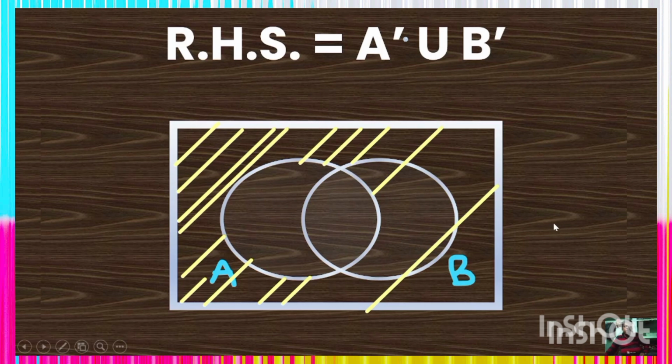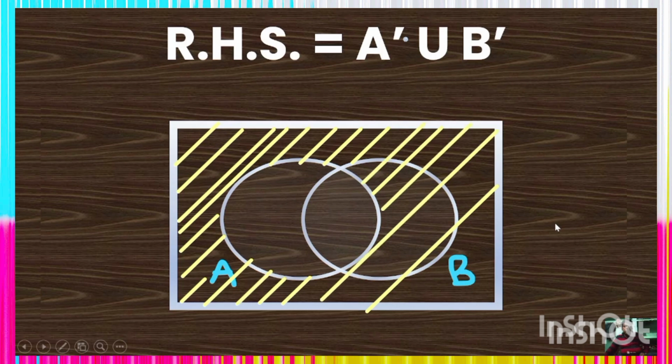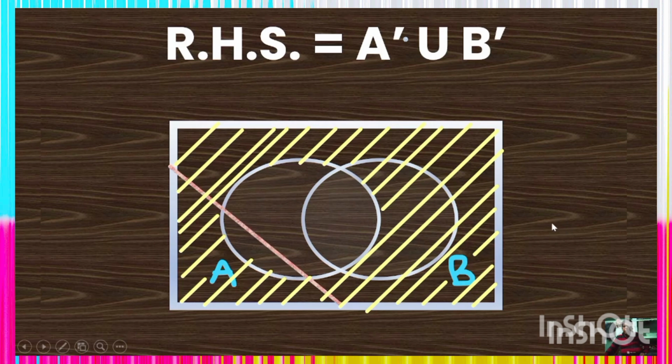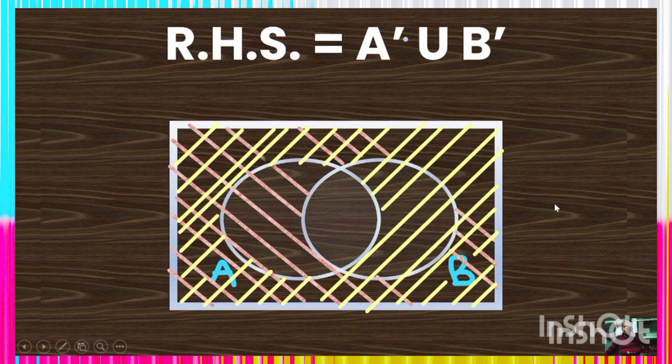The yellow lines indicate the complement of the set A. Is it clear? These yellow lines do not overlap the area of the set A. Similarly, draw the shaded portion of the complement of the set B, which is B', and these lines indicate the complement of the set B.